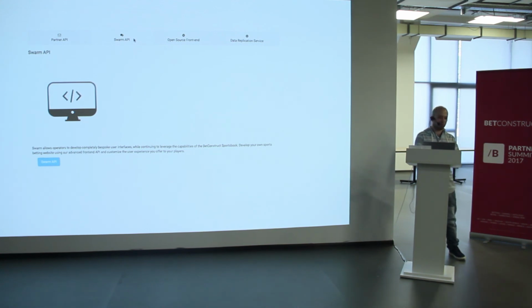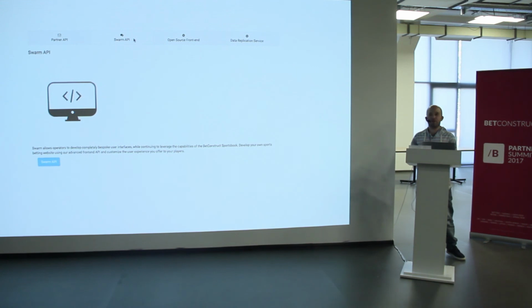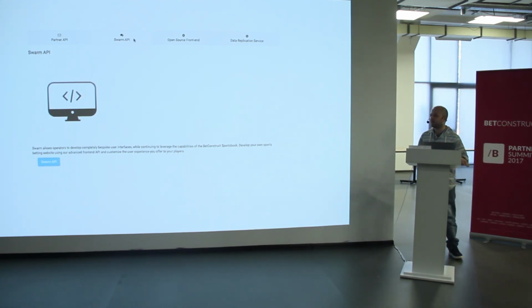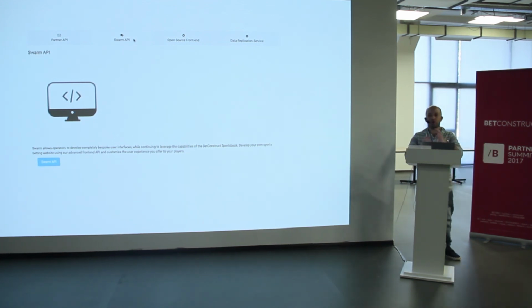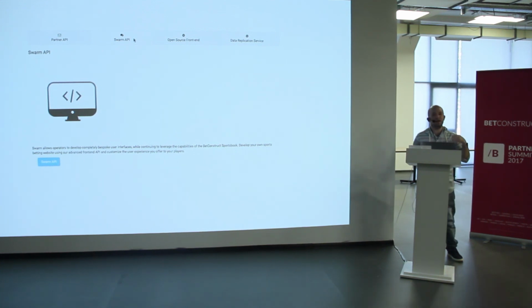I was able to build a whole new sportsbook, a whole new casino, different kinds of games, as well as player registration, depositing money, etc. All is here. So if you want to create your own vision for a betting and gaming website, maybe an application or website, it doesn't matter, make sure to check this Swarm API.